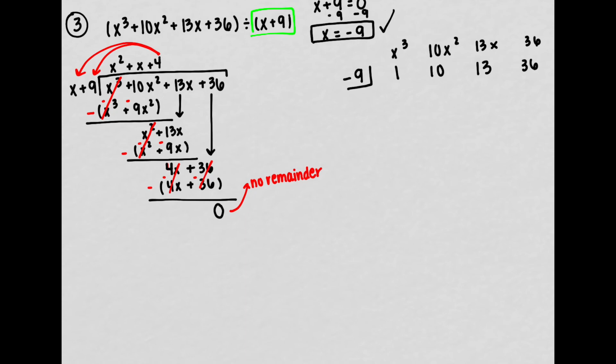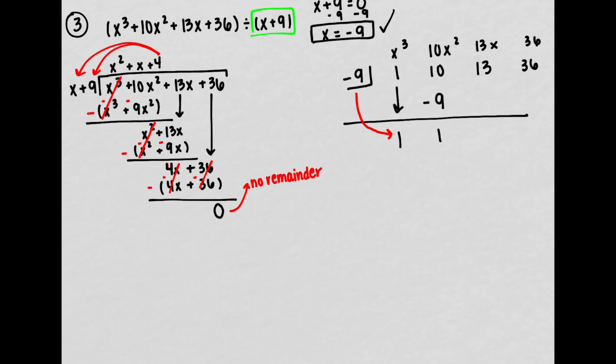So this is how you get all those numbers for synthetic division. And now we start the process. I'm always going to drop this first number down, which is 1. Now I'm going to take whatever's in this little house and multiply it by these numbers down here. So negative 9 times 1 gives me negative 9. And that's what goes under the next coefficient. Now we just treat this exactly like it looks. This is going to be 10 plus negative 9, or 10 minus 9, which is going to give me 1.